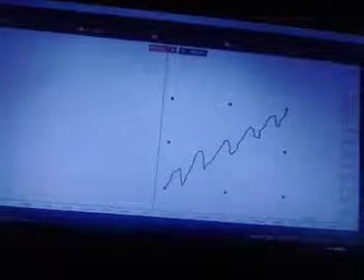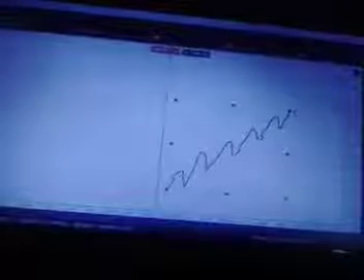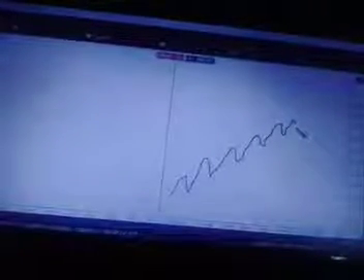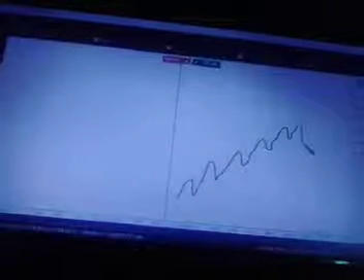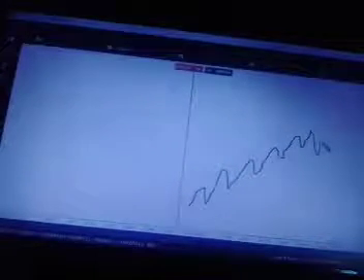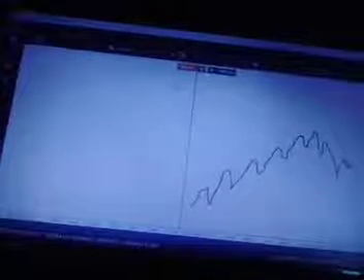We continue to call this an uptrend until the market makes a low which is lower than this low here, and then makes a high lower than that high. Then we can expect that the market will maybe start coming down.